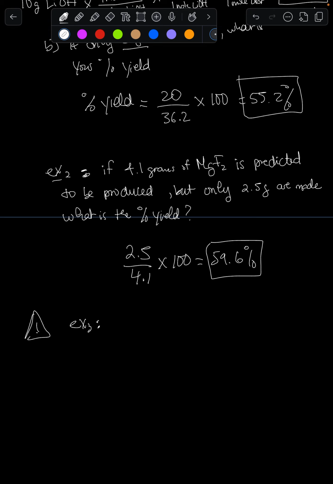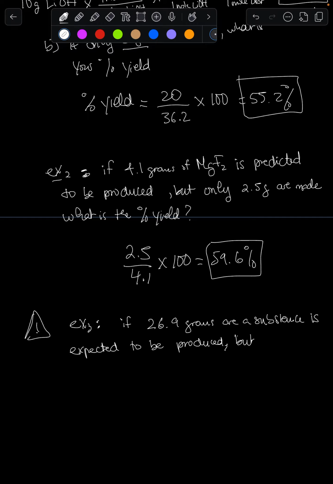The example is if 26.9 grams of a substance is expected to be produced, but... What would be an amount that would give us an 80% yield? Okay, so I asked the question a little bit differently.